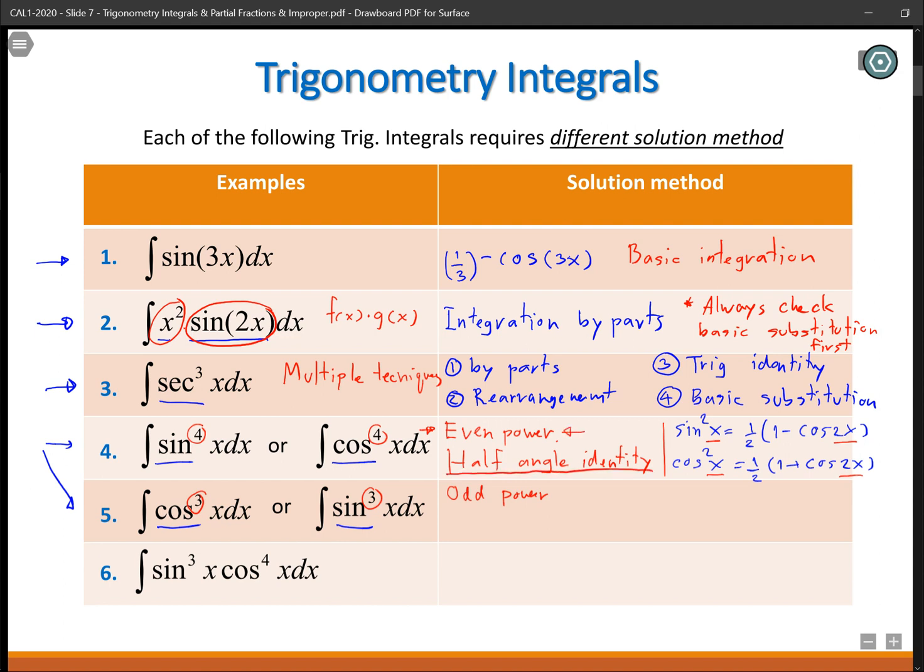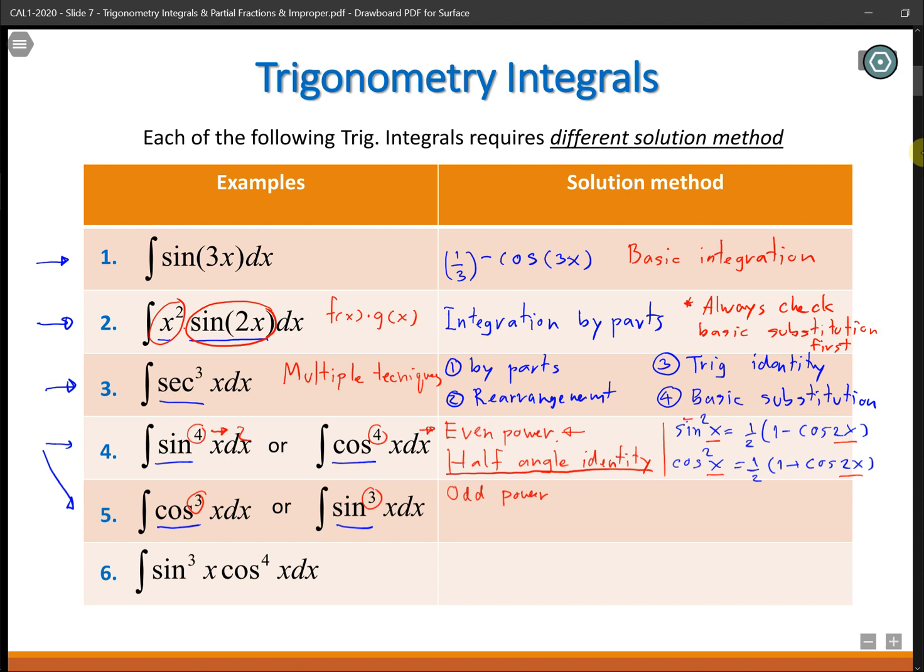The reason that we want to use this is to basically reduce the power from higher number to lower number. So we want this 4 to be cut to 2, and we can do that by using this relation.